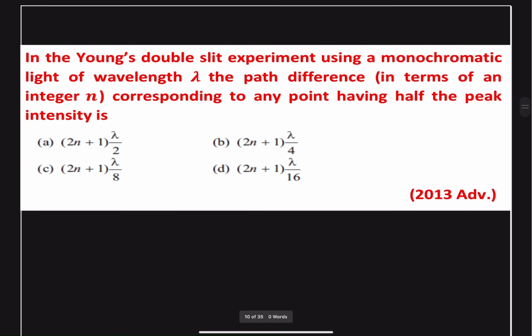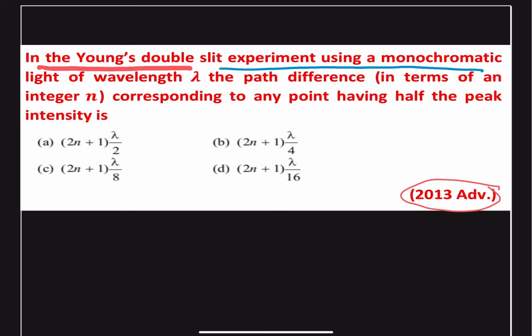Next question, and it was asked in the year 2013 Advanced. It states that in Young's double slit experiment, using monochromatic light of wavelength lambda, the path difference in terms of the integer n corresponding to any point having half the peak intensity is.